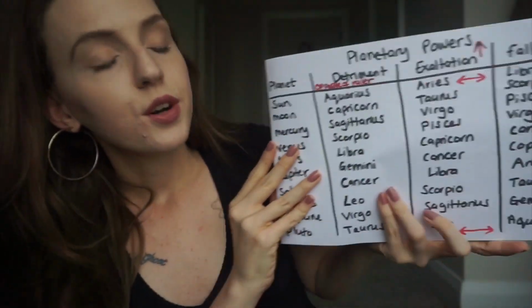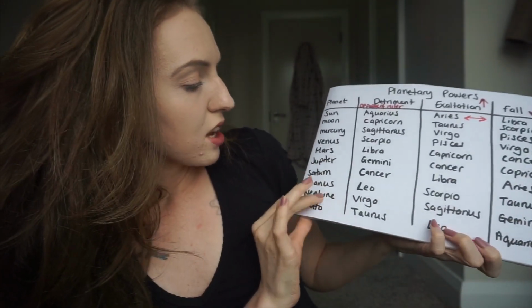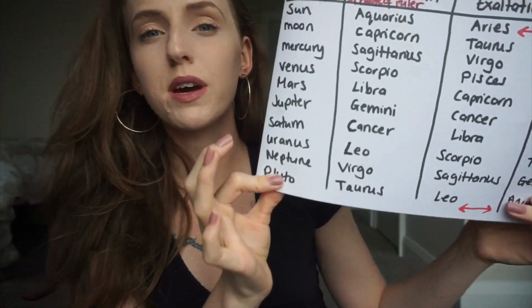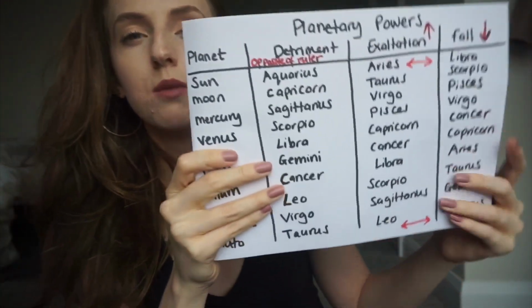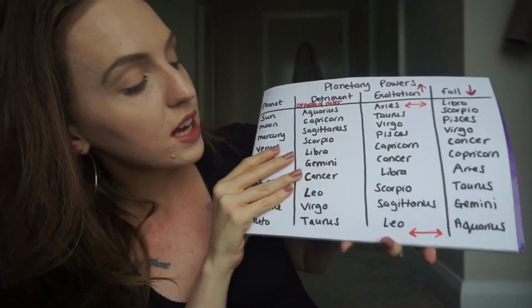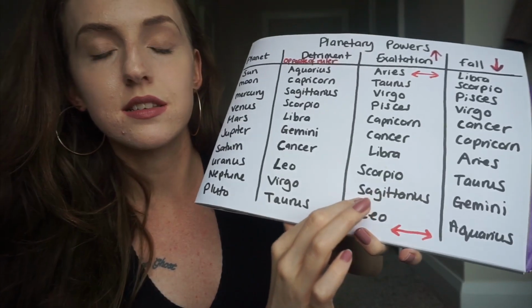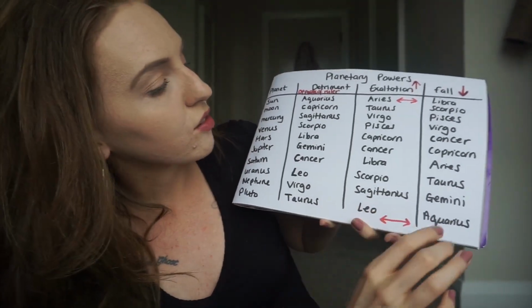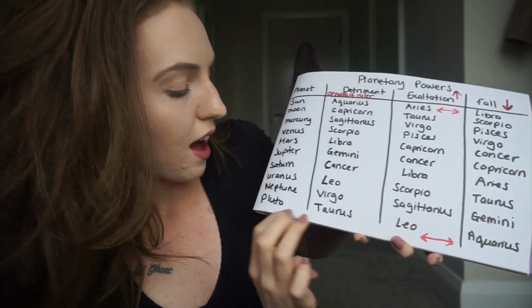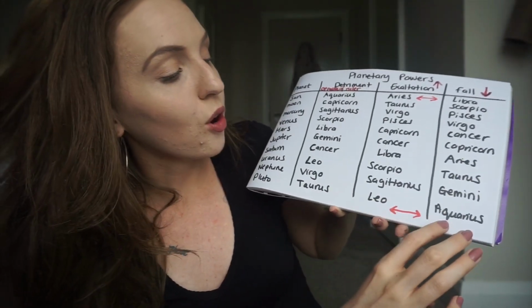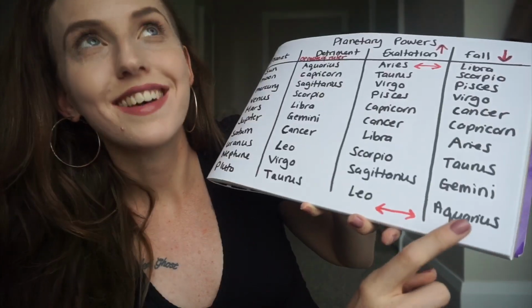Though I would like to highlight that with Neptune and Pluto, these are just my own personal opinions when it comes to the exaltation and fall. I've done it as Neptune being exalted in Sagittarius, and fall in Gemini. And with Pluto, I've done it as exalted in Leo, and in fall in Aquarius.